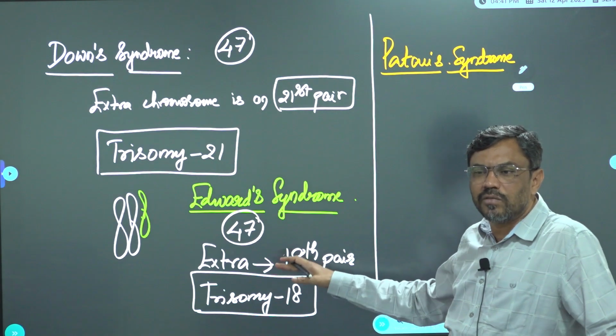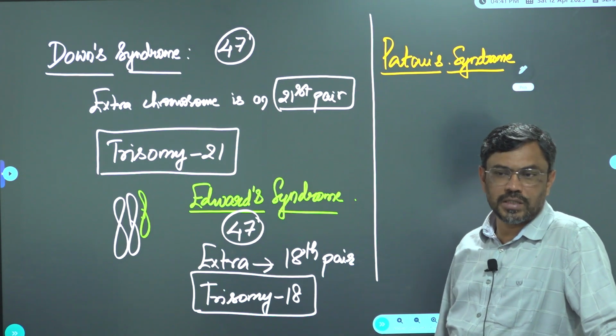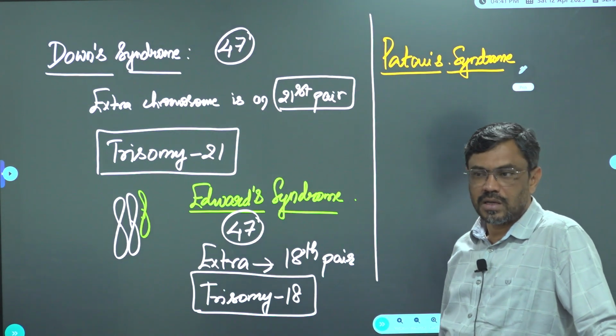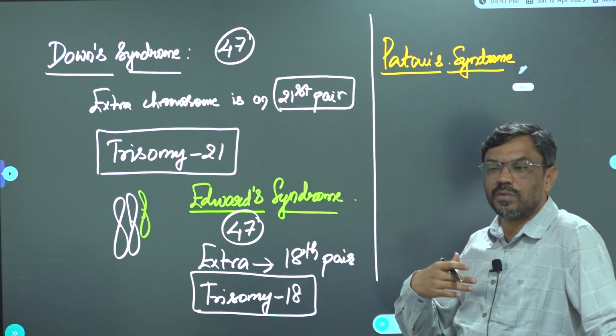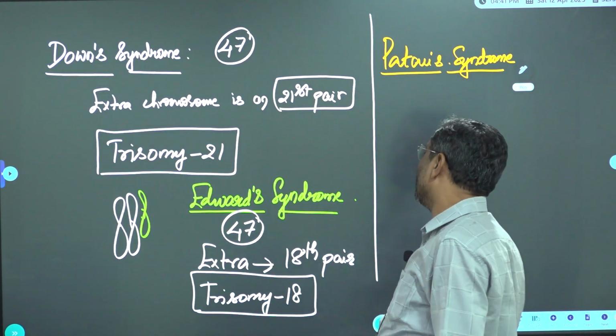The children may be born with embryonic deformities and rudimentary organs, like heart problems, kidney problems, and lung problems. So these are called Edwards syndrome.